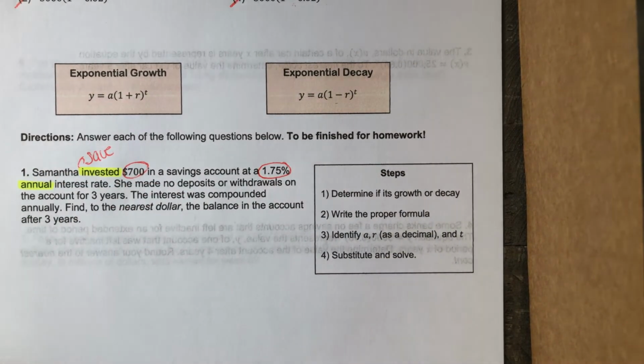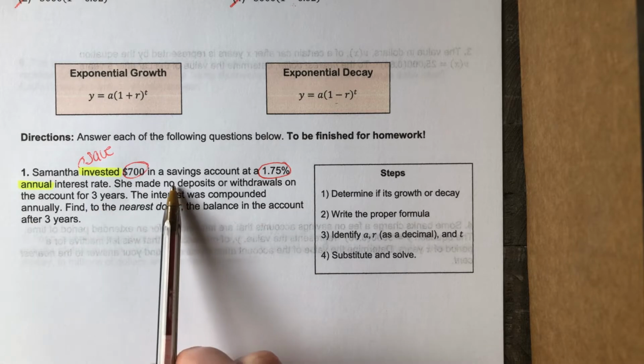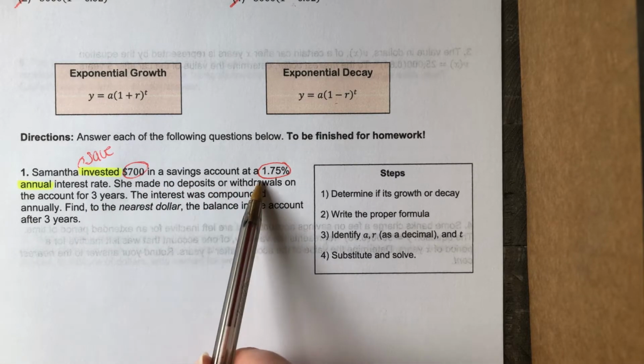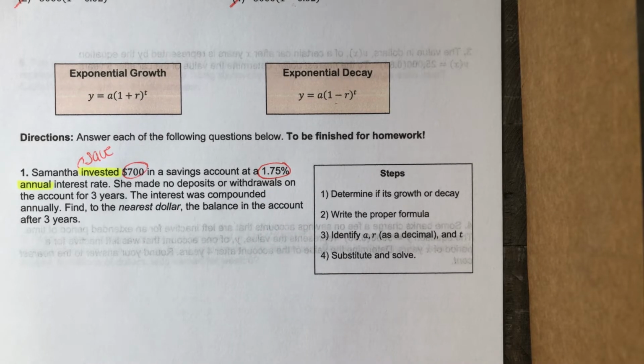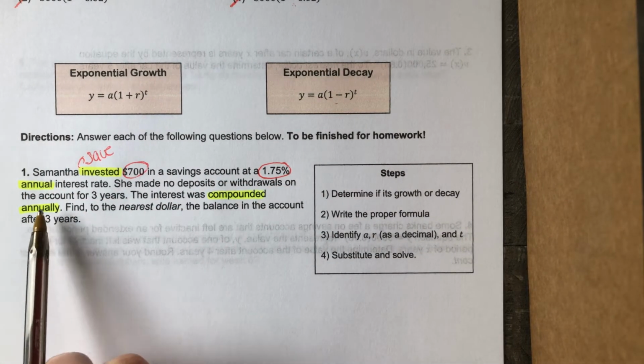So again, we're seeing that word annual. That means every year. It says she made no deposits or withdrawals for 3 years. So we know that this really isn't important because it's just telling me that nothing is happening with her money. All right, so I'm going to ignore that. The interest rate was compounded annually. That's important. Compounded annually. Again, it means every year.